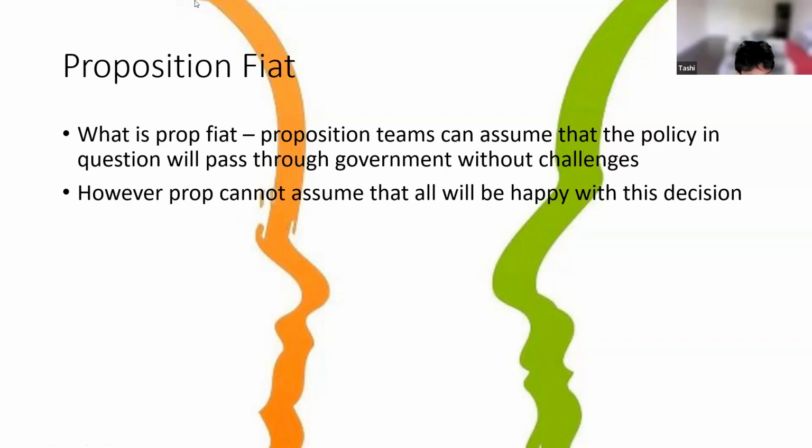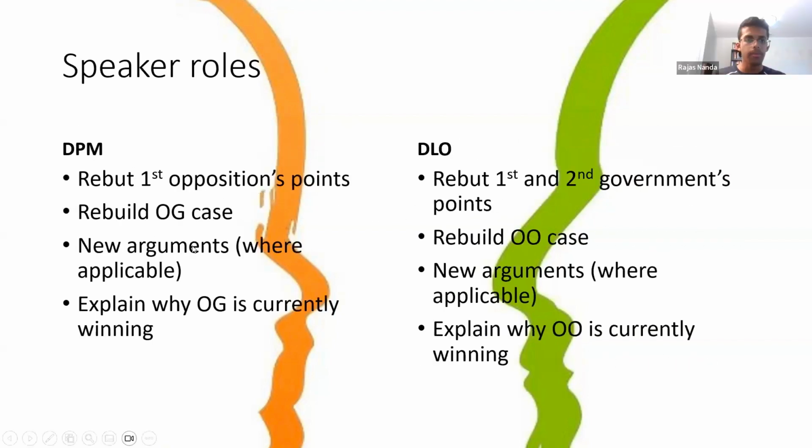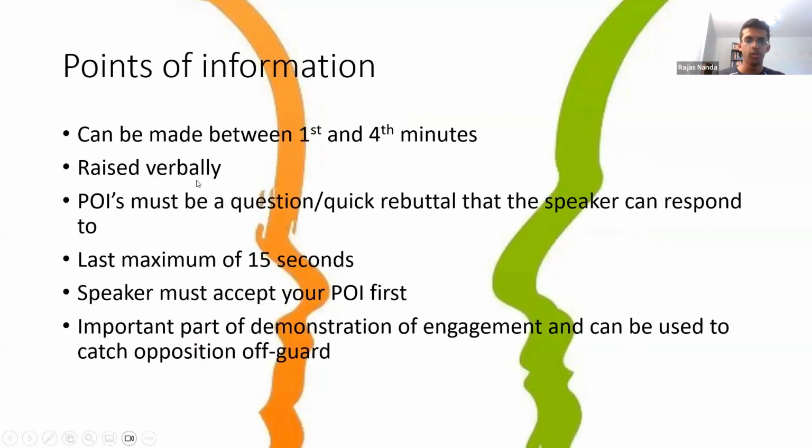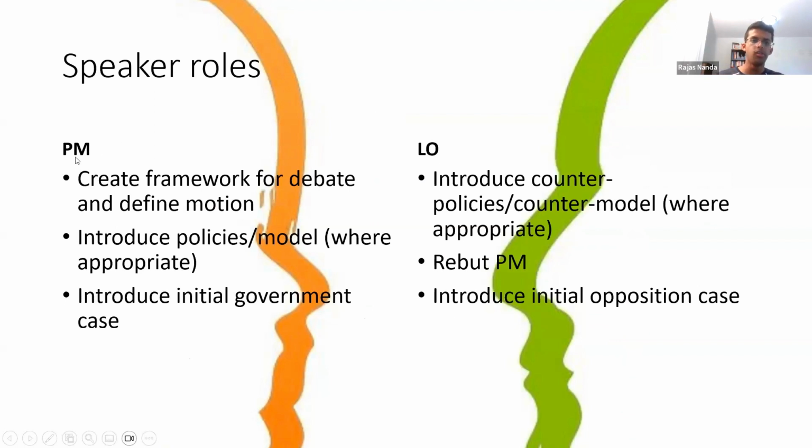What does the prime minister do? Sorry, could you say that a bit louder? I haven't got much of what the prime minister says. Okay. So first of all, the prime minister is the first speaker, right? And what they do is they create the framework of the debate. They explain what the world looks like.